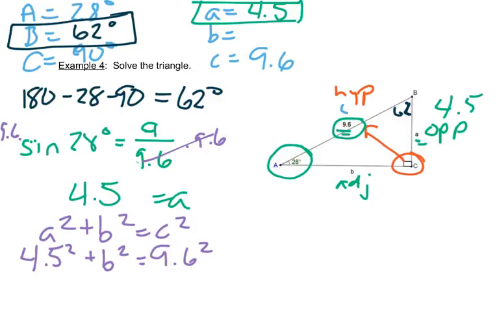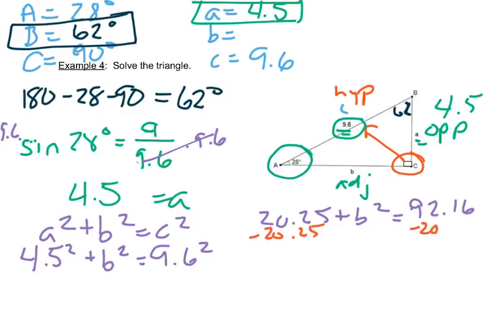So 4.5 squared is 20.25 plus b squared is equal to 9.6 squared, which is 92.16. I'll subtract 20.25 from both sides.